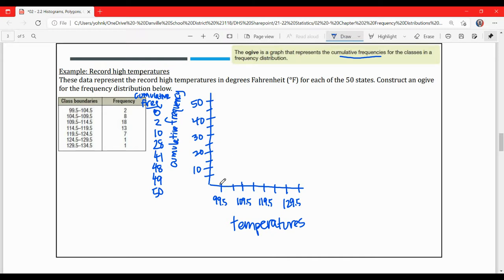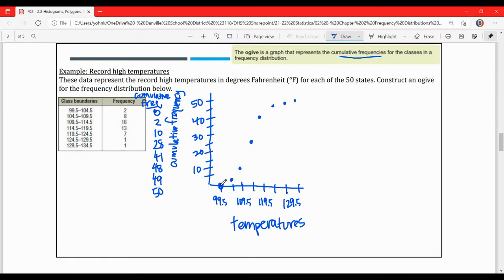So we start at 0. Then the next one is 2. Then 10. 28. 41. 48. 49. 50.